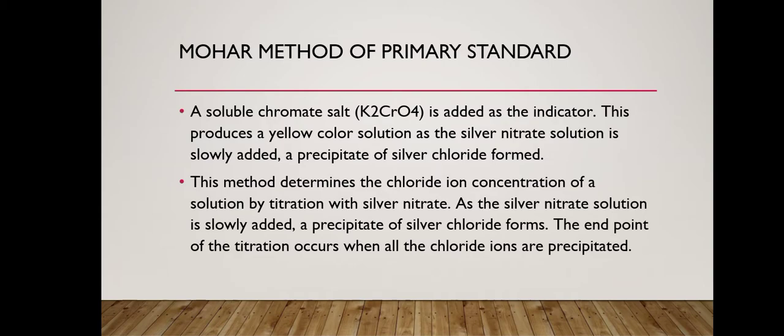A precipitate of silver chloride is formed. This method determines the chloride ion concentration of a solution by titration with silver nitrate. As the silver nitrate solution is slowly added, a precipitate of silver chloride forms. The end point of the titration occurs when all the chloride ions are precipitated.